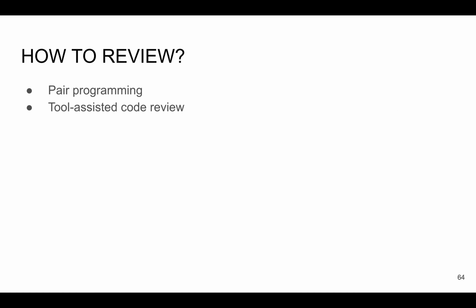And how to review? There are a few types of reviewing. First of all, you can use pair programming, when two developers sit at one computer, one developer implementing functionality, and another developer looking at this implementation and can leave some comments and suggest what can be improved. From my experience, we use pair programming, but not from a code review perspective. Also, there is tool-assisted code review.